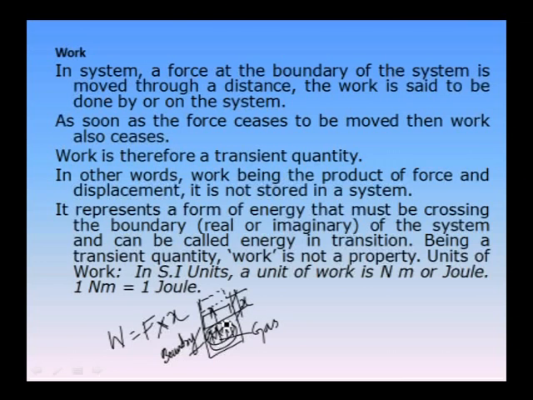That boundary can be either real or imaginary, and work can be called energy in transition. Being a transient quantity, work is not a property. Unit of work in SI units is Newton meter or joule. So, 1 Newton meter is equal to 1 joule.